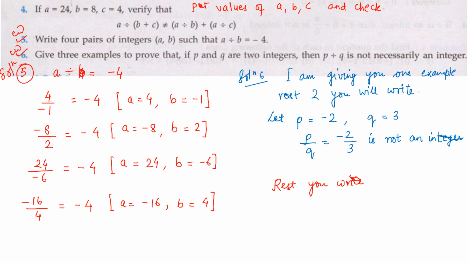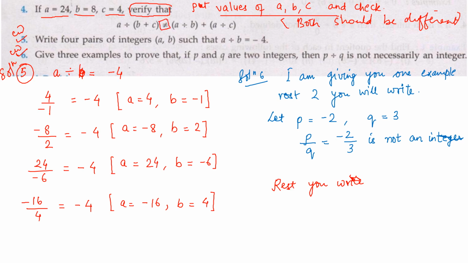Question number 4. Here they have given you the values of A as 24, B as 8 and C as 4. You have to verify. We have done this kind of questions. Just put the values of A, B, C and check. Here both should be different, because they are asking about this symbol, not equal to.